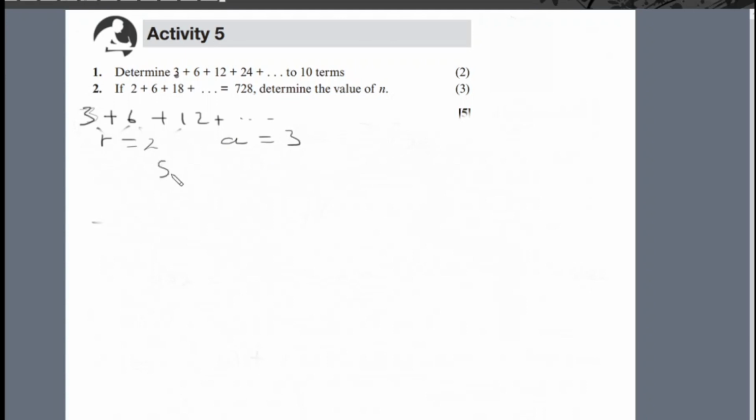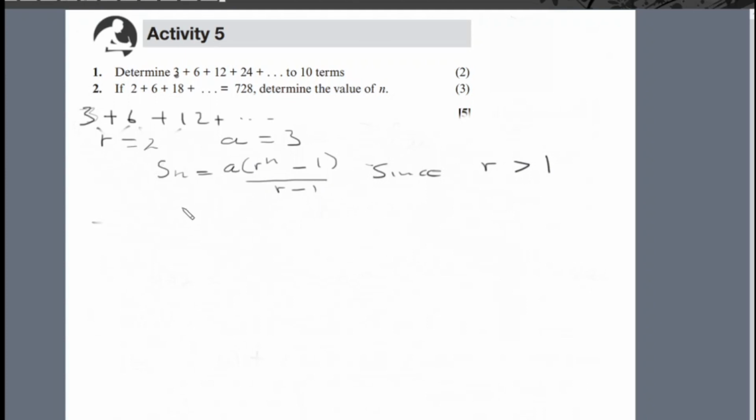So now we can use this formula for Sn, right? a times r to the n minus 1 divided by r minus 1, since r is greater than 1. If r was less than 1, besizosebenzisa le ethi 1 minus r to the n divided by 1 minus r.